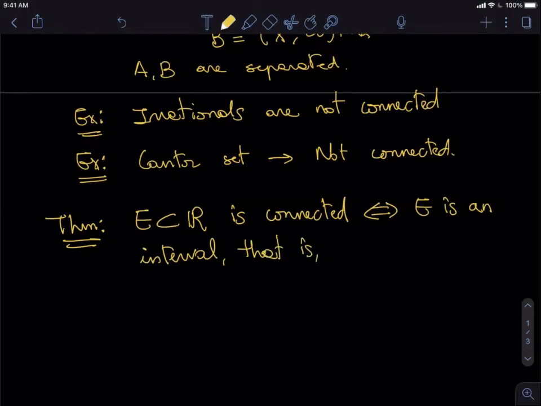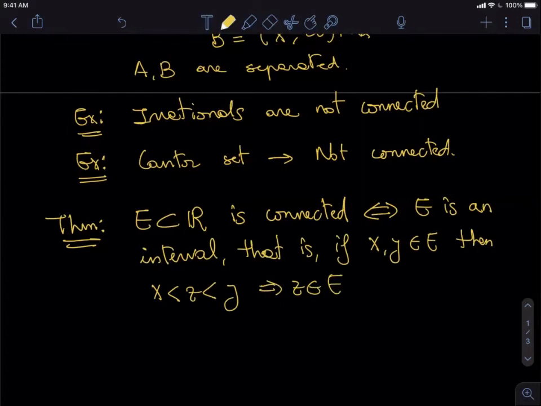That is, if x and y belong to E, then any z that is in between must be in E. So this is the property that defines being an interval: given two points in E, all the other z that we can find in between those must be in E.